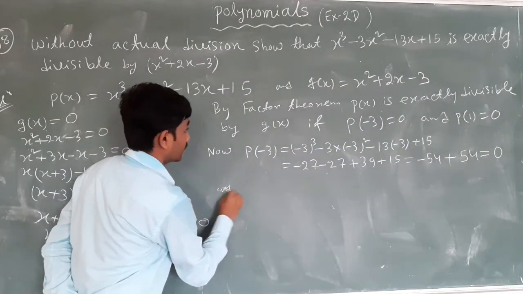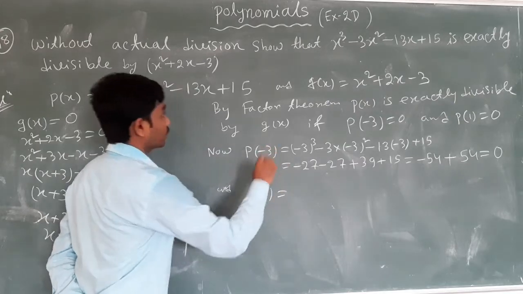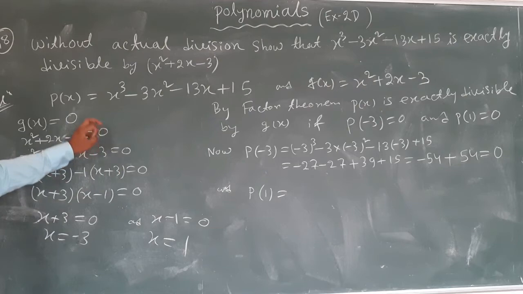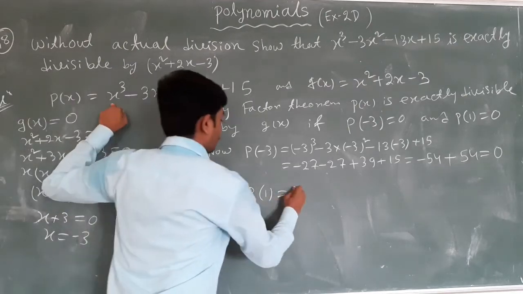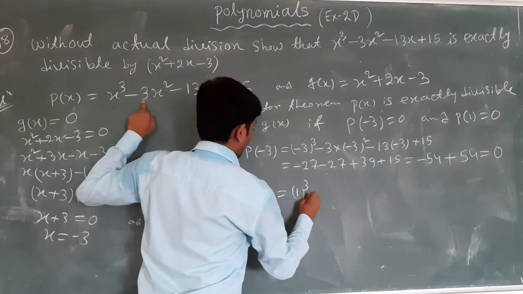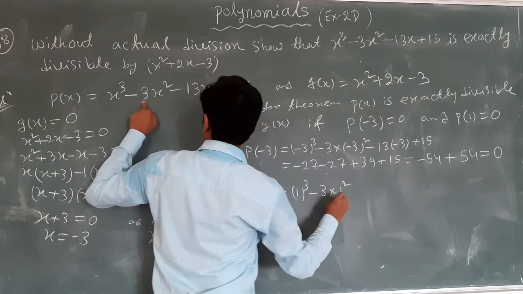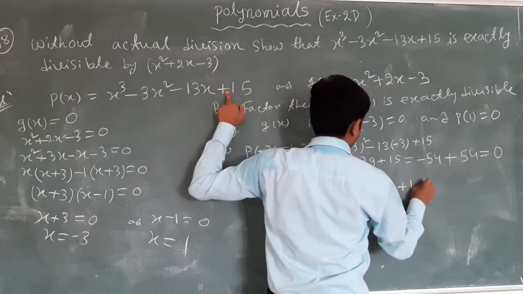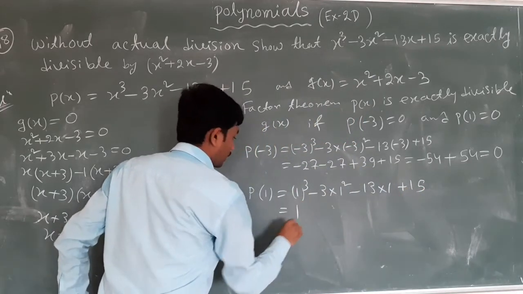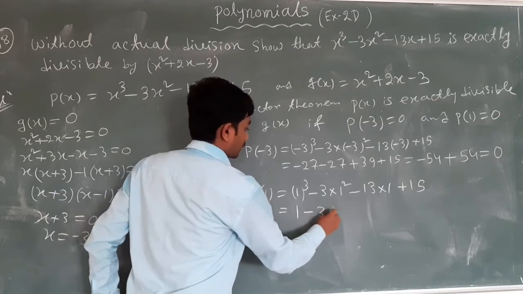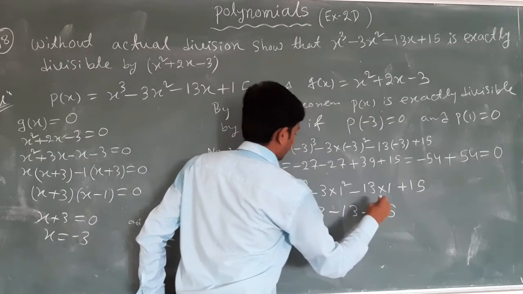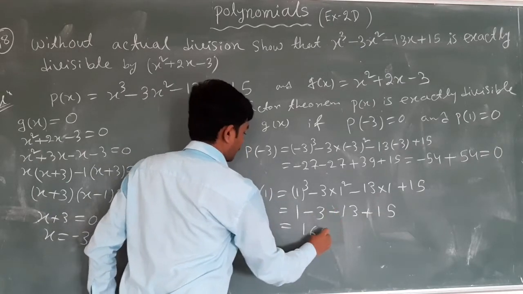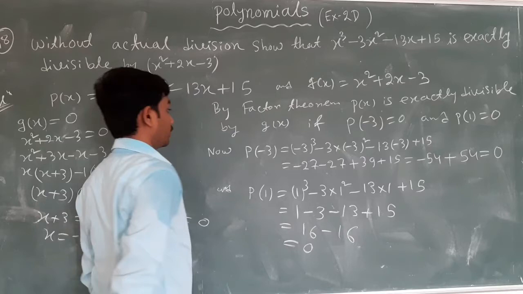And p of 1 equal to, put the value of x. So 1 cube minus 3 into 1 square minus 30 into 1 plus 50. 1 cube equal to 1, minus 3, minus 30 plus 50. 50 plus 1 is 60, minus 3 minus 30, minus 60 is equal to 0.